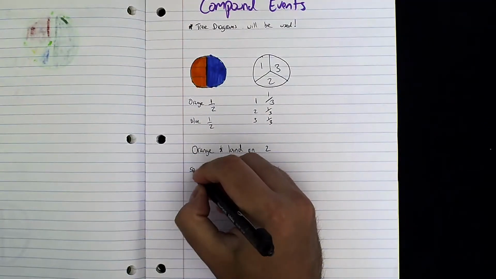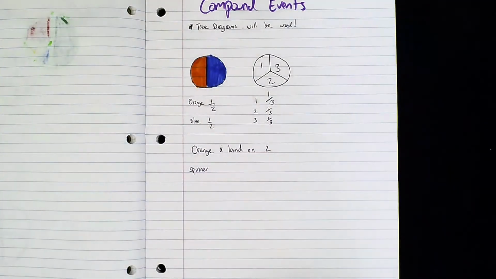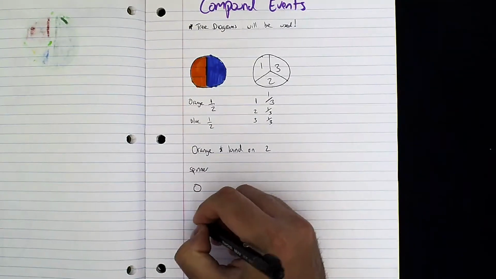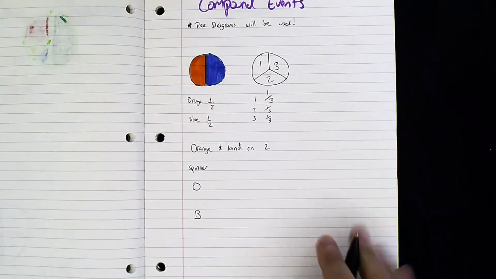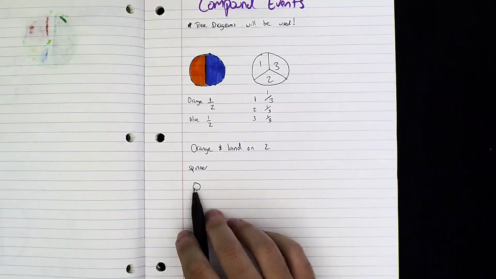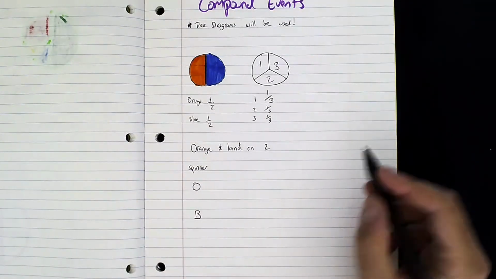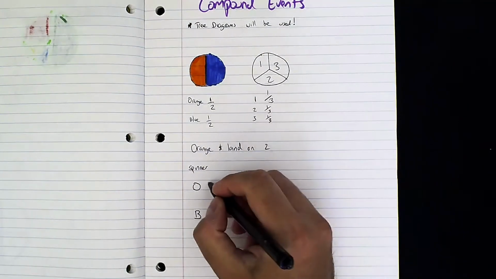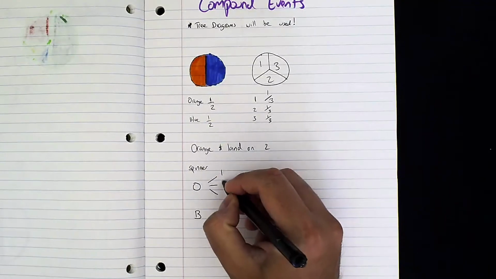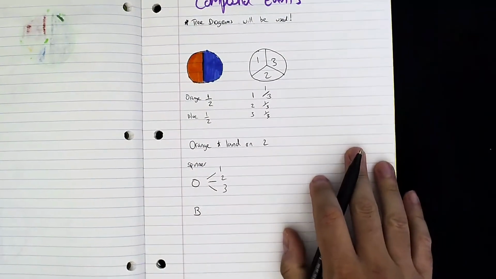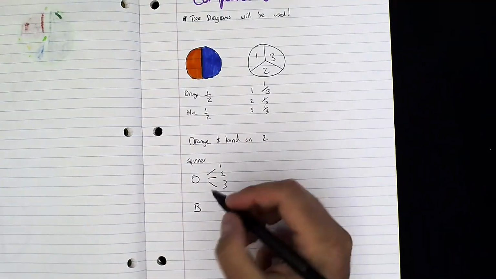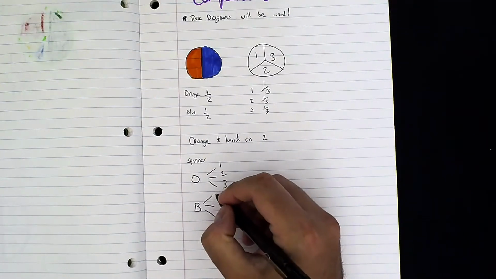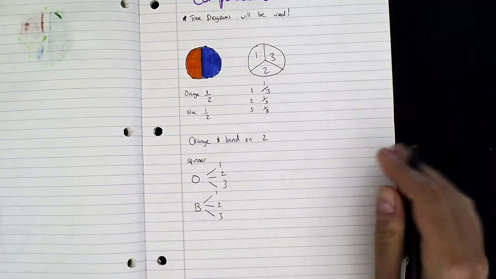The first thing we need to do is look at the spinner. There's orange and there's blue. If you land on orange, there are 3 options that would follow for this spinner, and your options would be 1, 2, 3. Same with blue. If you were to land on blue, you would lose the game, but you would still have 1, 2, and 3.